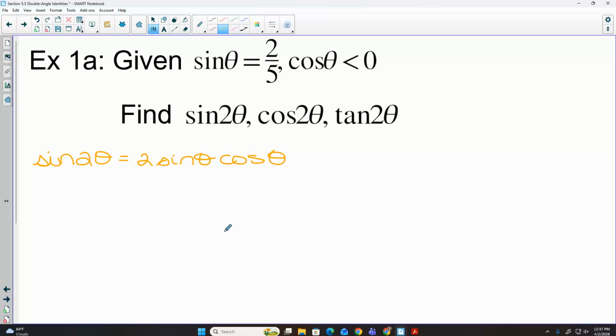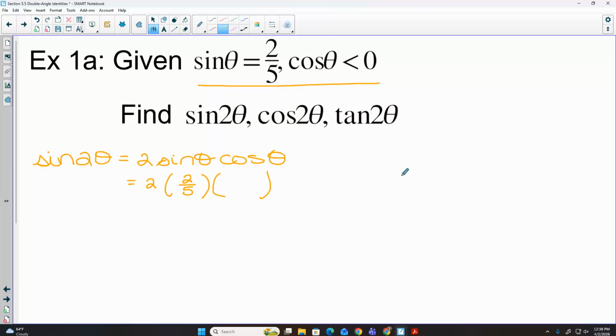Sine 2 theta is 2 sine theta cosine theta. That's our formula. I have the sine of theta, but did I give you cosine of theta? No. So what we're going to do is come back up here to this.